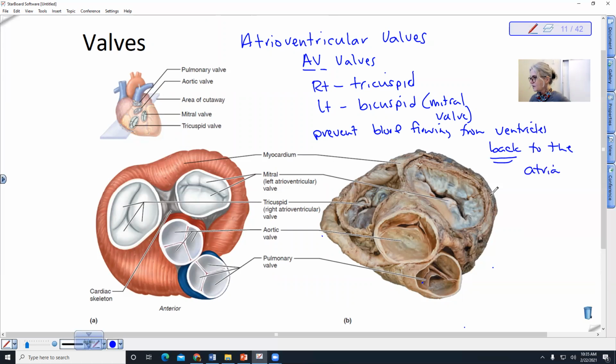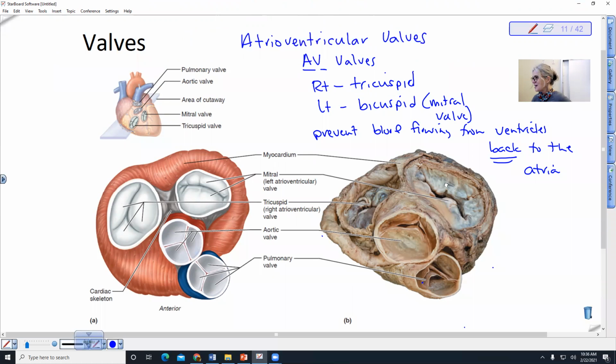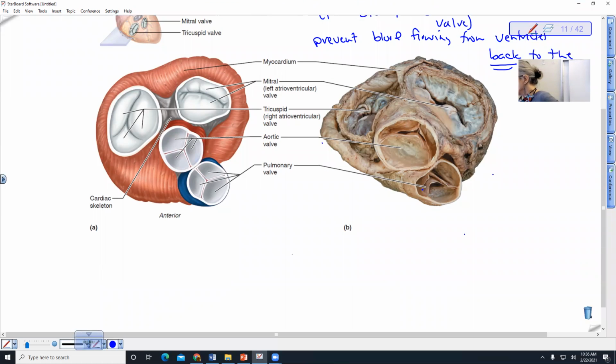Okay. We have 2 other types of valves, and these are called the semilunar valves. And look, they have these little flaps that are like half moons. I'll show you a diagram where they look actually like that. But those are what are referred to as the semilunar valves.